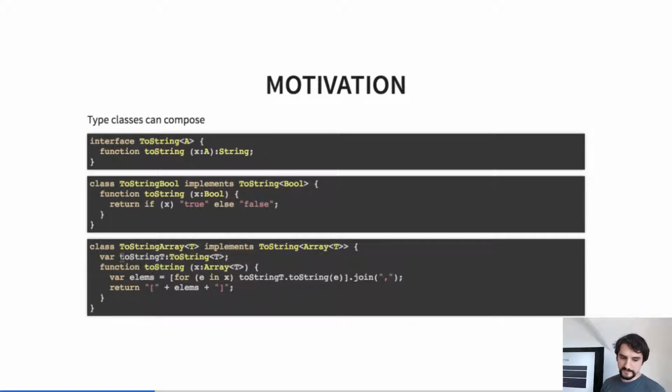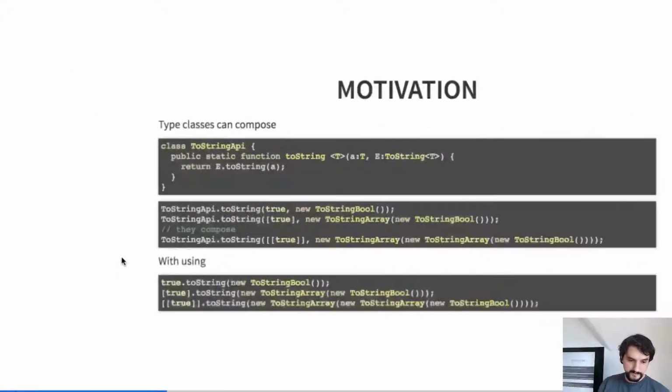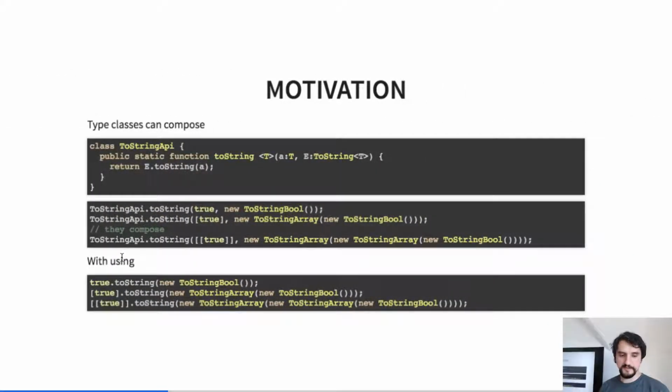And this actually means that stuff like this is going to work. Okay, this is quite cumbersome, but you may see the composition of the type classes in this example, because with one implementation for the array, you have already implemented the type class for an array of an array of an array of an array, whatever.